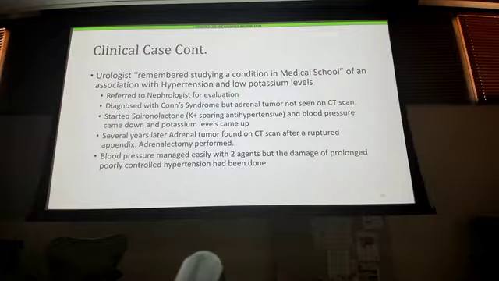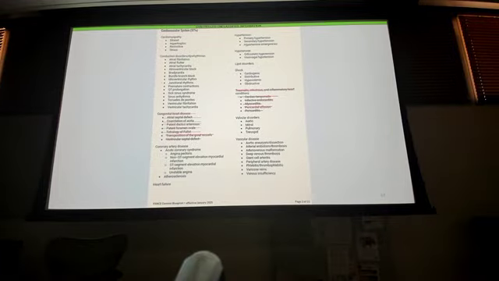Years later, she had appendicitis, was seen by the ER, they did a CT abdomen and actually saw the tumor, and then she had the adrenal gland removed, and her blood pressure was much better controlled. But because this had been going on for 25 years, the damage was done, so she still needed antihypertensives in order to manage her blood pressure. And that was the story of my mother.